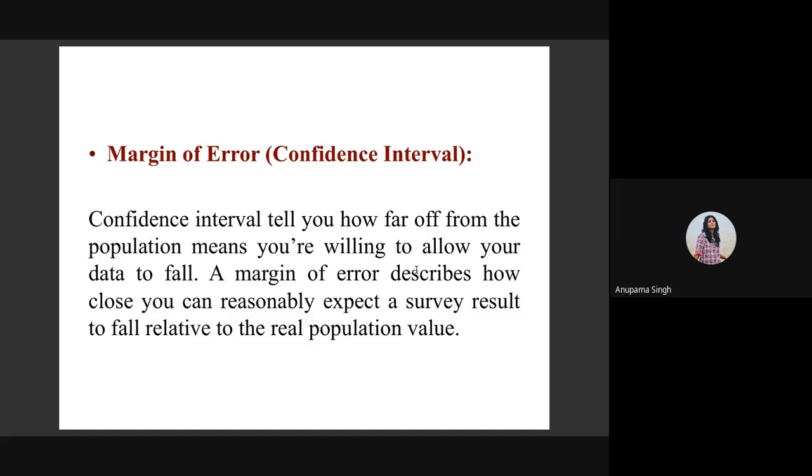So when we are talking about the parameter, we want our sample to be accurate. We want our sample to be more representative in nature. And when the sample is more representative, the value or phenomenon that we want to study will have a more accurate value.